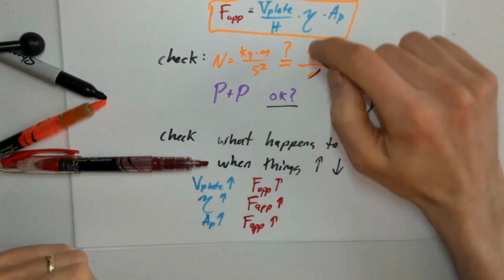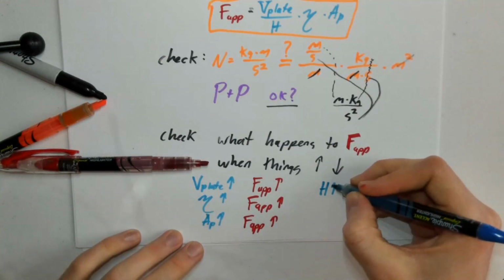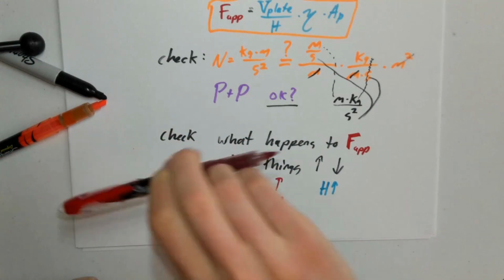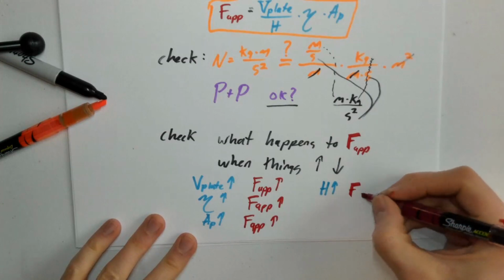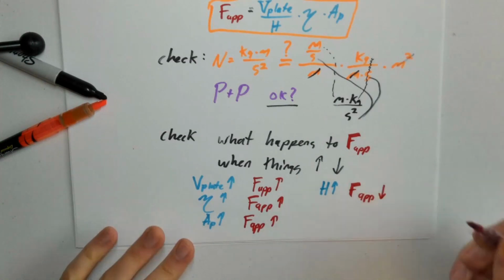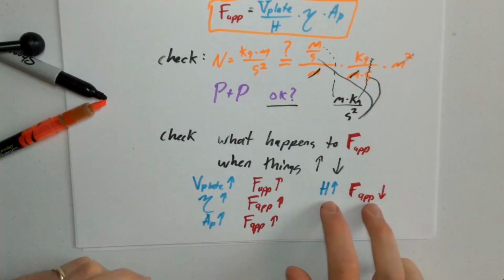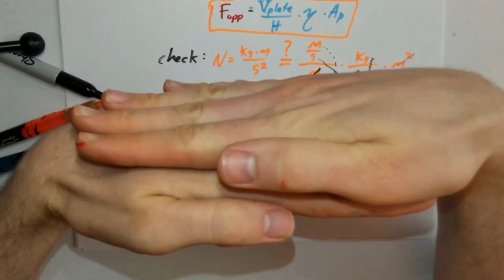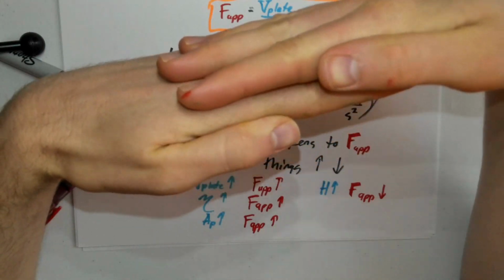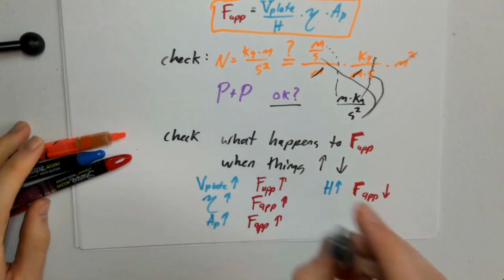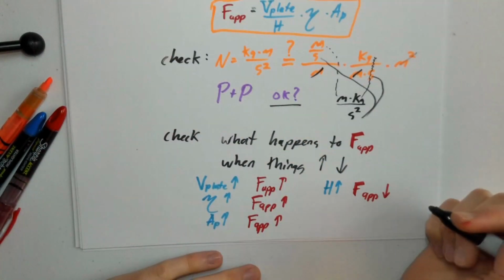Now, the final parameter that we haven't really investigated too closely is h. If h goes up, the force applied goes down. So what's going on there? If I have these two plates very close together, and I'm moving them, the velocity gradient between those two plates is going to be very big, right?